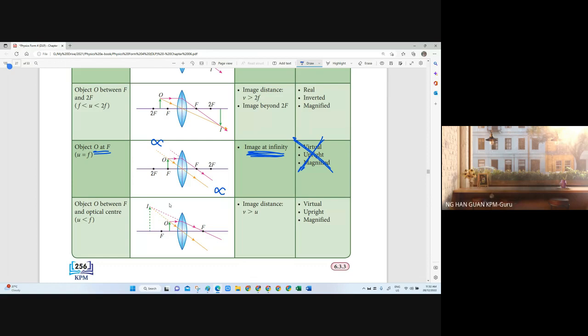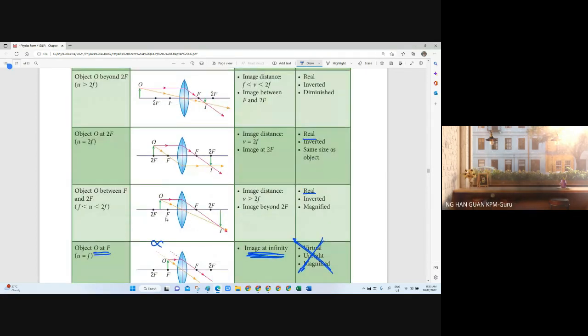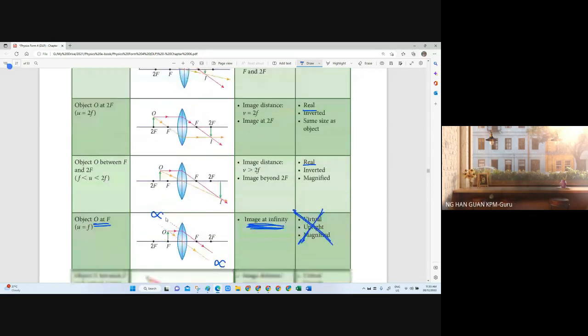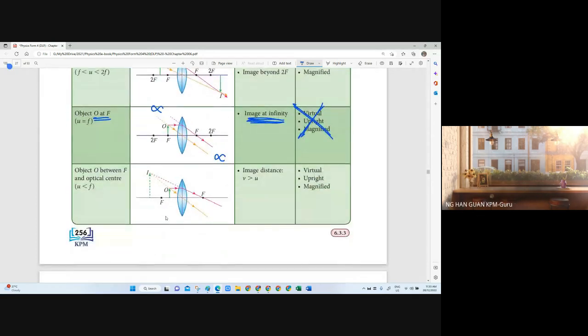We don't know. Because once the object is more than f, all the images are real. Less than f is virtual. So when at f, it's borderline. Either real or virtual, we don't know. What we know is the image forms at infinity.